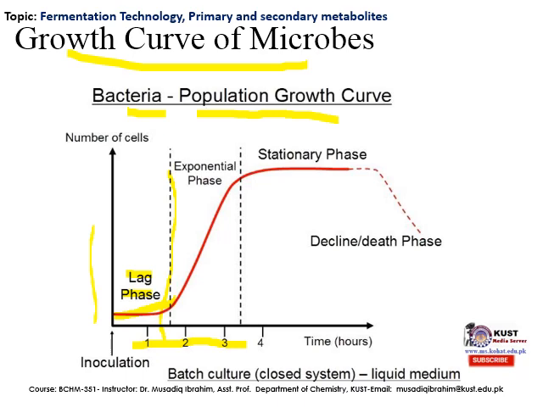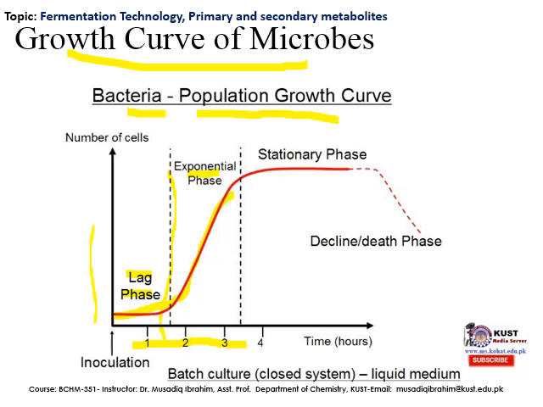Then you have the exponential phase. So exponential phase is that phase in which the microbes are growing exponentially. That is, for example, if there are 2 microbes, they are converted into 4, and when there are 4 microbes, they are converted into 16, and so on and so forth.